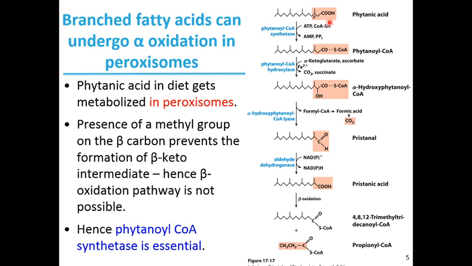If you look closely, the beta carbon, which has a methyl group, is now transferred to the alpha carbon. And in this process, one carbon gets removed. So how does this happen? You do not have to remember in detail the enzymes and the mechanisms involved in this. You just need to understand what's happening.